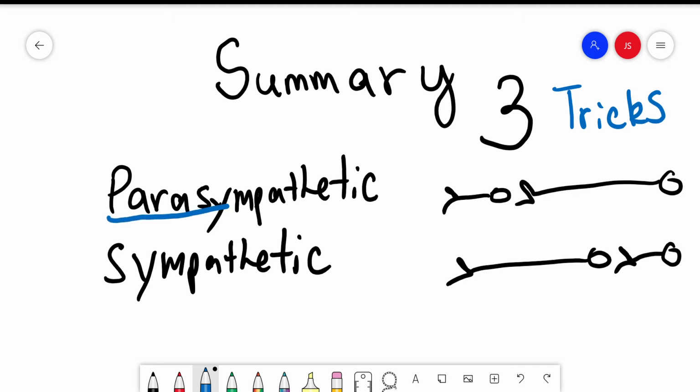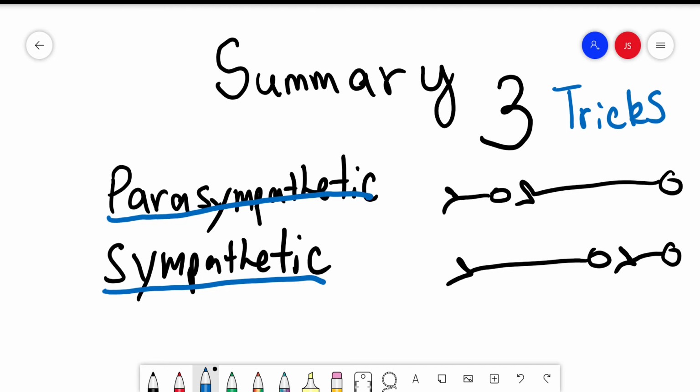So the word parasympathetic and the word sympathetic are the basis of these three memory tricks, so that on an exam, in the future, in your healthcare, whatever you may be doing, just having these words themselves give us a great foundation for remembering what we need to remember.